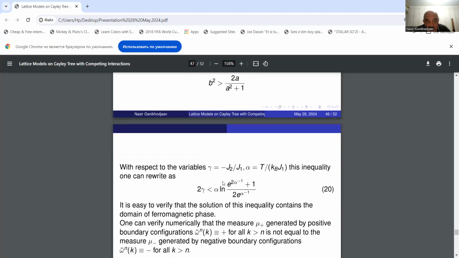I can rewrite it like this one, and graphically we can verify that the solution of this inequality is contained in our domain of the ferromagnetic phase. That is, on the ferromagnetic phase.